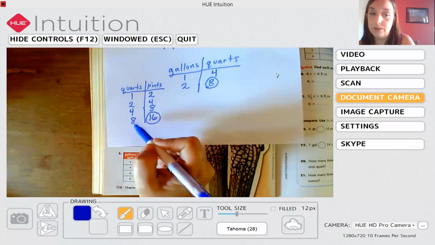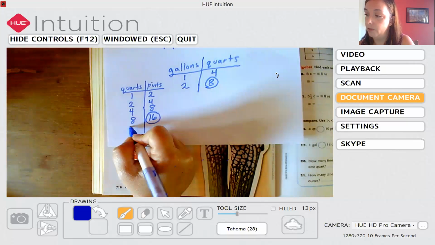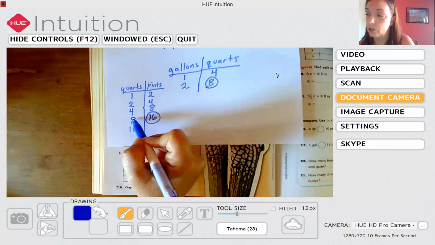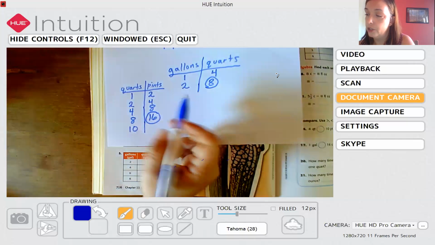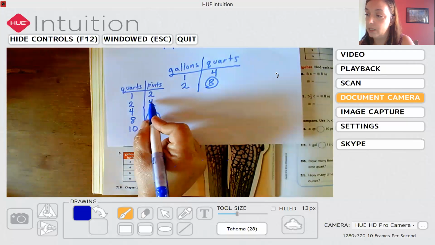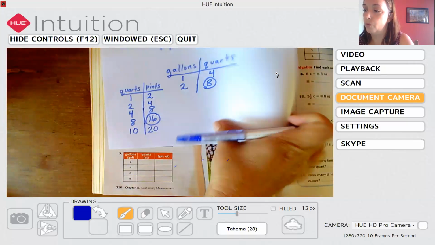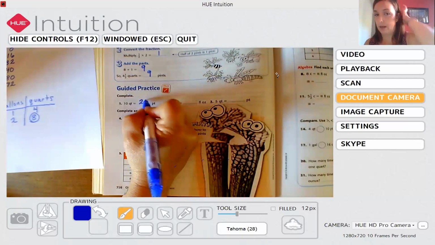I already found 8. I need to find 10. So if I go 8 quarts plus 2 quarts, that gives me 10. So if I do the 16 plus 4, that gives me 20. So 10 quarts equals 20 pints, right?